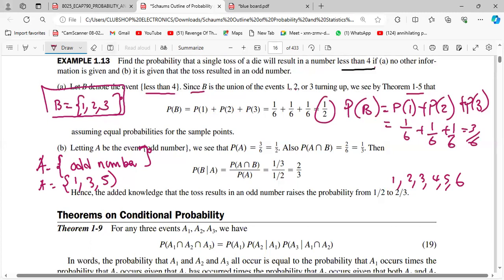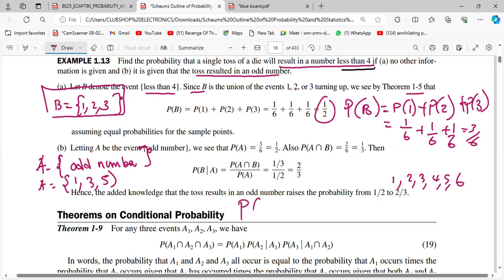That's what we are saying. So now, we want to find the probability that we get a number that is less than 4, given that the toss resulted in an odd number.